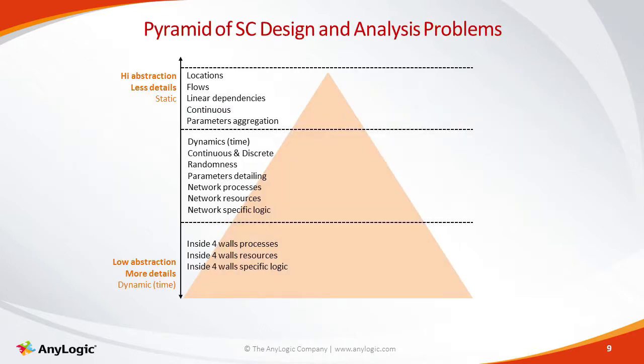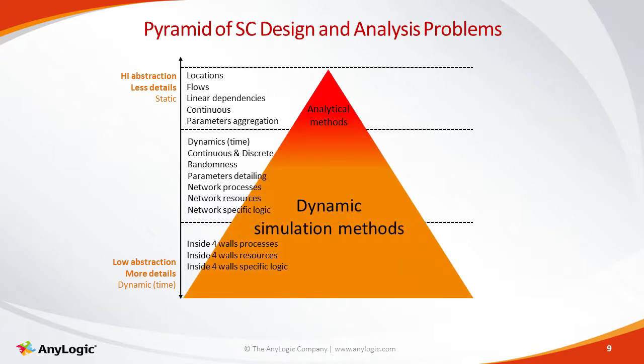If you try to map those analytical methods and dynamic simulation methods to the pyramid of supply chain design and analysis problems, we will get the picture like that. So again, analytical methods are used at the top of this pyramid, and at the bottom of the pyramid, you use dynamic simulation to solve the problems.